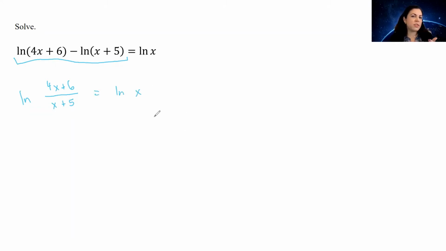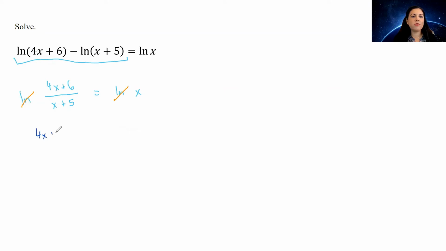Now, there's something interesting here. We actually don't want to change this to exponential form. We can actually cancel the logarithm that's on both sides. This is the property of logarithmic equality: if we have two expressions that have log of the same base on each side, basically those can cancel out and we can just solve the equation that's left over.